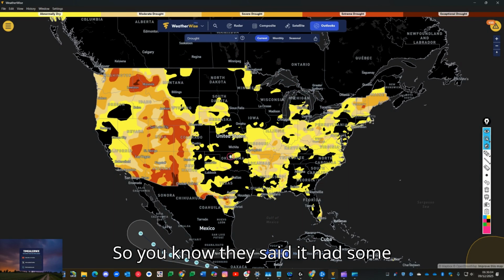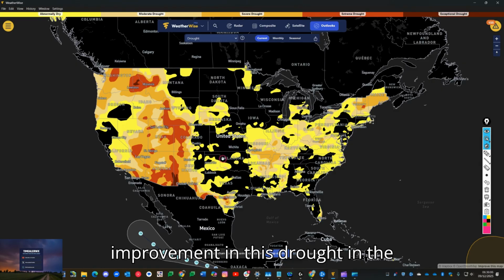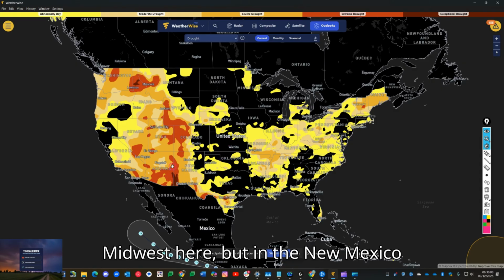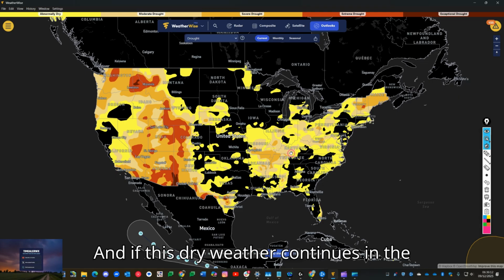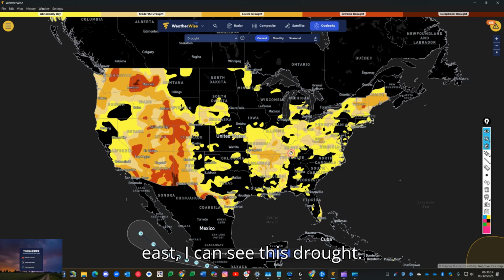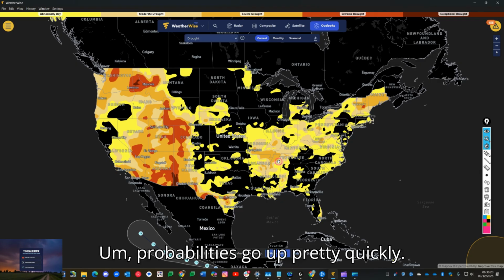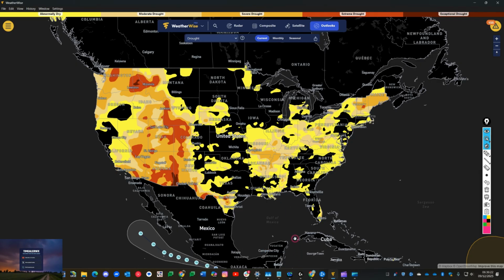So, they said it had some improvement in the drought in the Midwest here, but in New Mexico in the West, it's still relatively high. And if this dry weather continues in the East, I can see these drought probabilities go up pretty quickly.